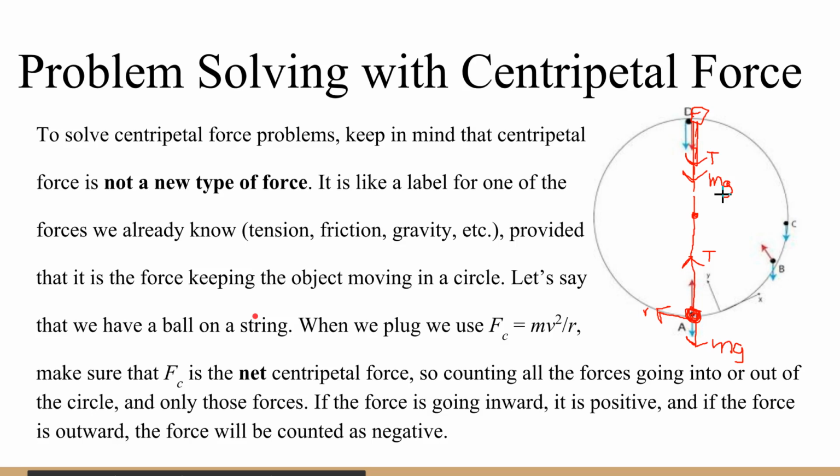If you're rotating on a frictionless table, the normal force and the gravitational force will not have a part in the actual equation. So keep in mind, for rotating it on a table, there's a free body diagram.